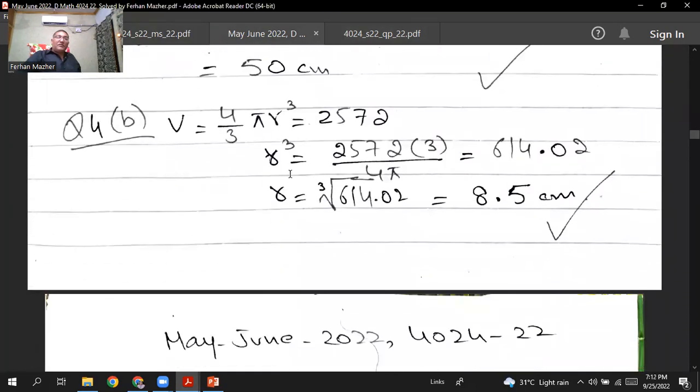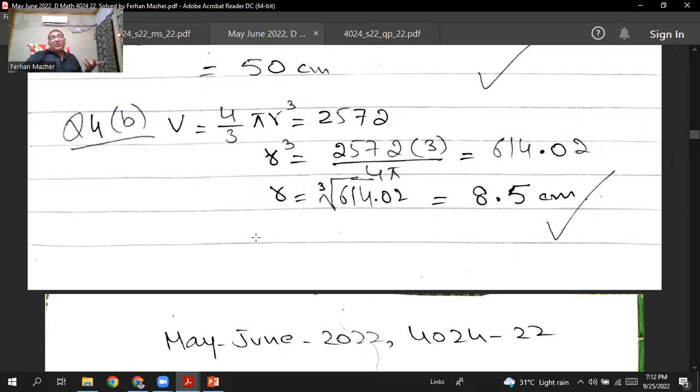Okay. So volume is 4 by 3 pi r cube, and that is 2572. So r cube will be equals to 2572 multiplied by 3 divided by 4 pi. Just enter these values in the calculator. You will get 614.02. Take cube root on both the sides because this is r raised to power 3.